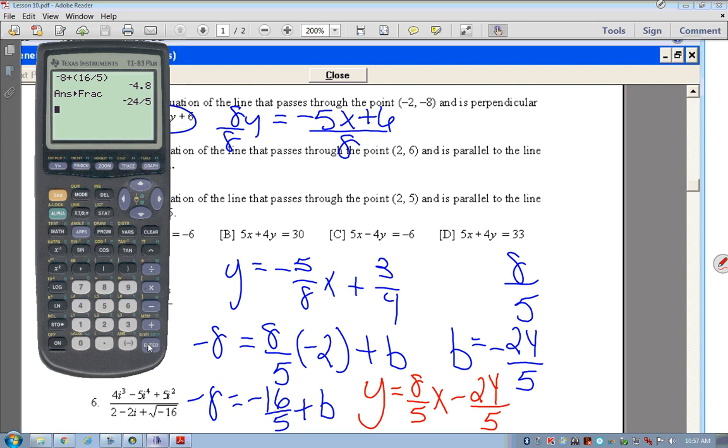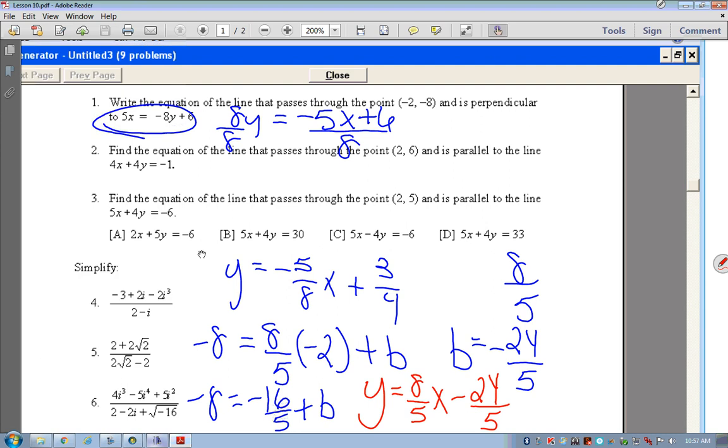Now, the answer that the book comes up with for this is equivalent but different. Just so you're aware of this, if I take this whole thing and multiply it by 5, that's going to give me something that's going to look a little bit different.